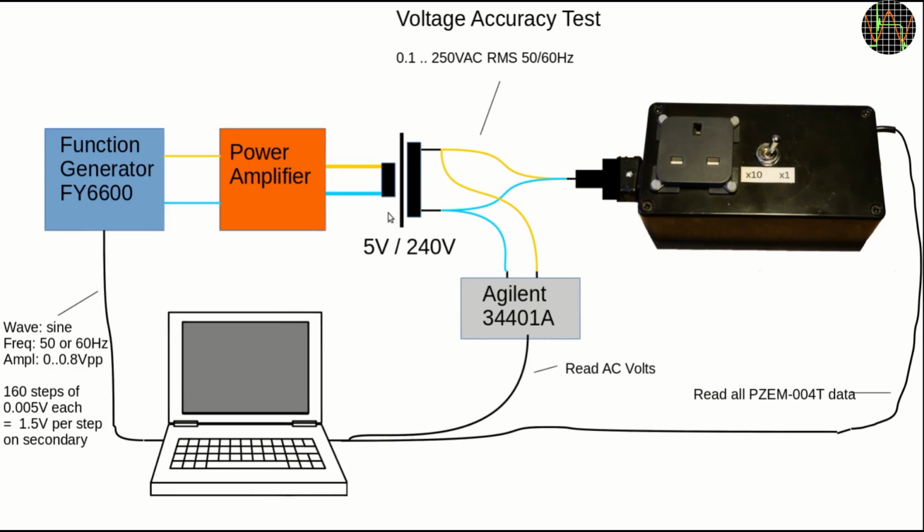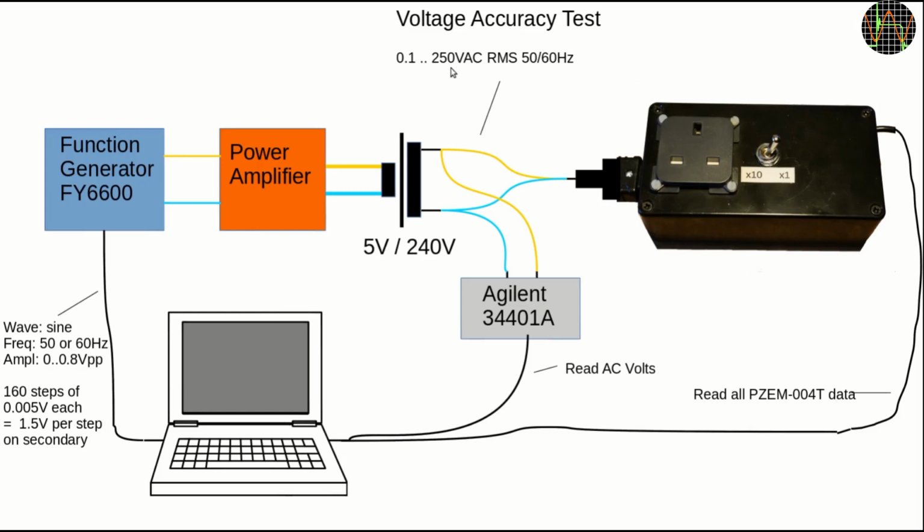To fix that, the output of the function generator goes into a power amplifier, which provides sufficient power and amplitude to drive the secondary of the transformer. It turns out I only have to set the function generator amplitude to 0.8 volts peak to peak to get 250 volts RMS on the primary side.